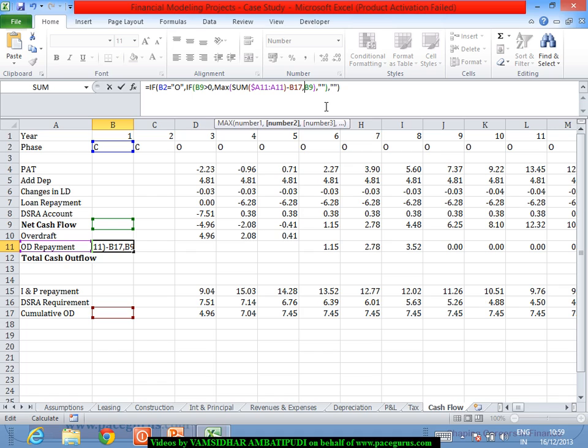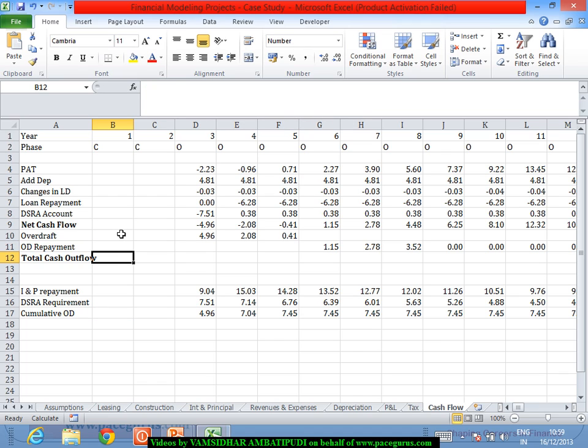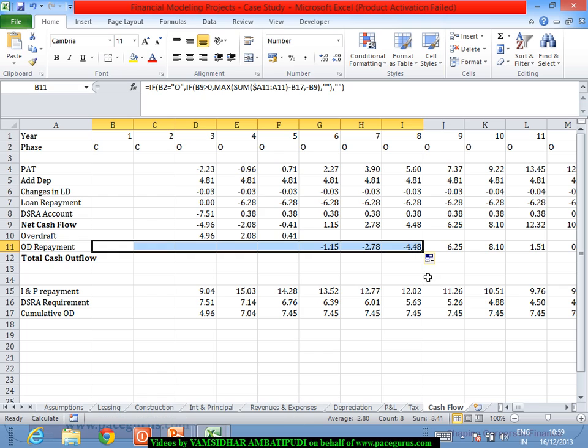Probably I'm just reversing the transaction to see if that comes out negative straightforward. So now when I am dragging, 1.15 minus 2.78 is fine, but for the third year this is creating a problem.